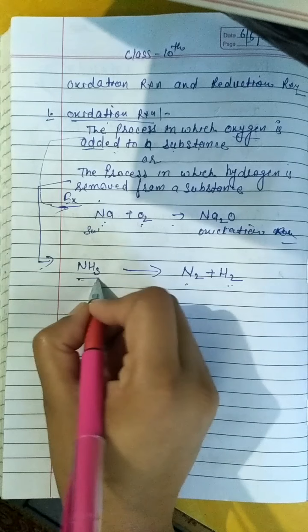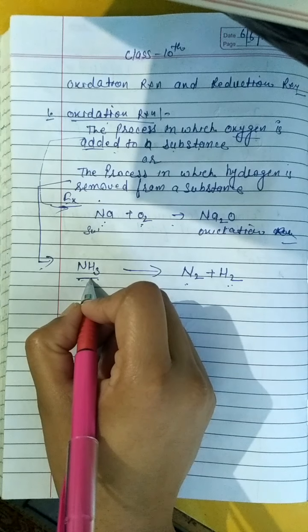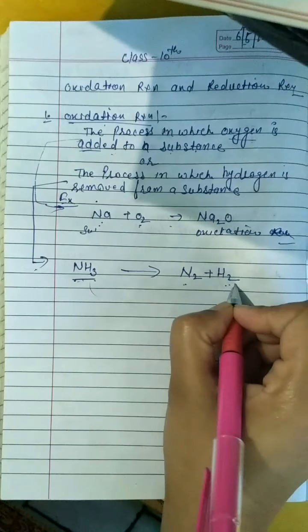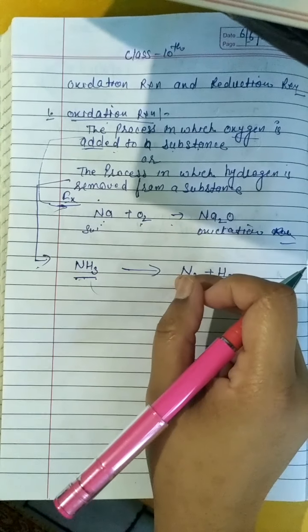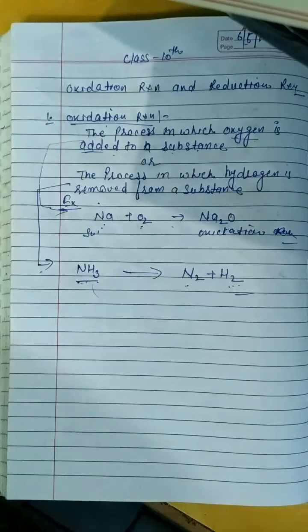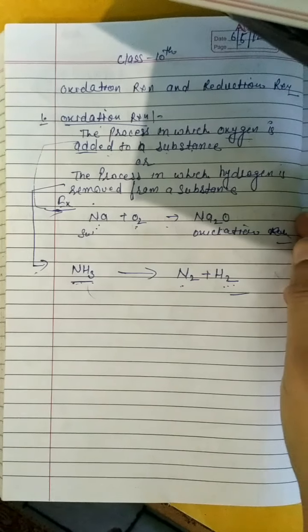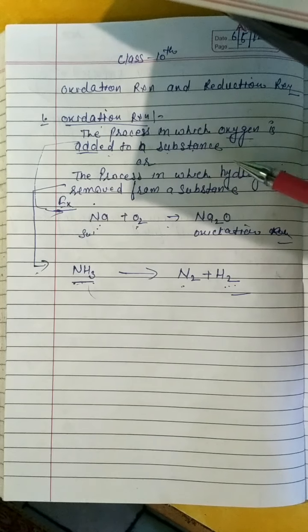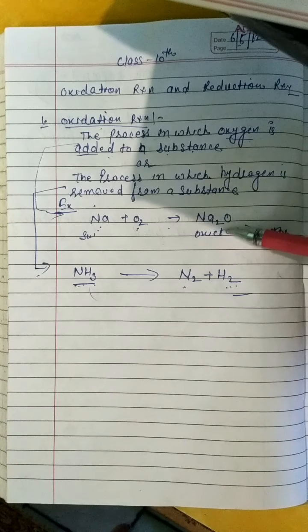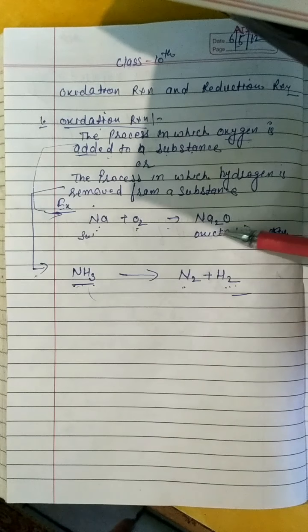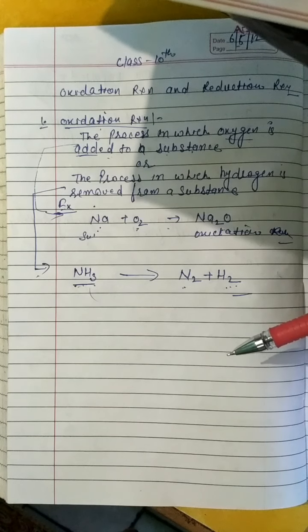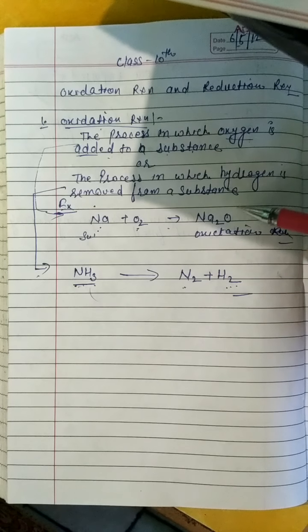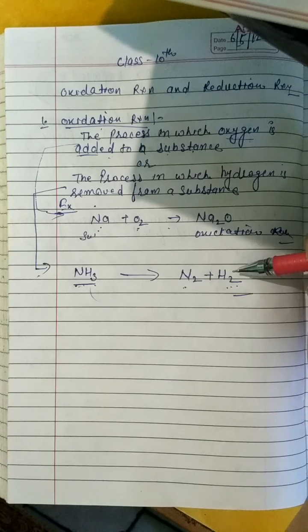Here the reactant is NH3, and from the reactant, hydrogen is removed. So that's why it is an example of an oxidation reaction. Now clear? What is the definition? The process in which oxygen is added or hydrogen is removed from the substance, that is called oxidation reaction. And both of these are examples of oxidation reaction.